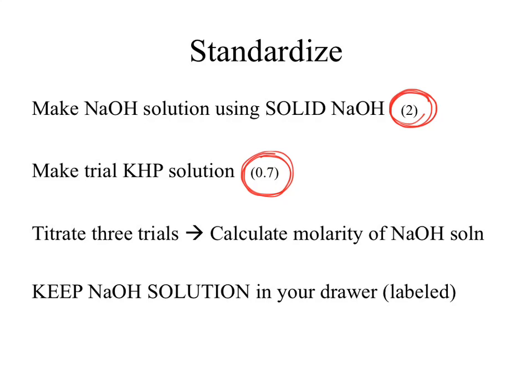Okay? Those calculations absolutely must show up in your notebook by the time you submit your notebook for grading. So you can cheat and use these numbers today, but I will be looking for those calculations. So make sure that they're nice and easy for me to find, because I know those are things we were supposed to do. Okay? At that point, we can then go through and do a series of titrations.